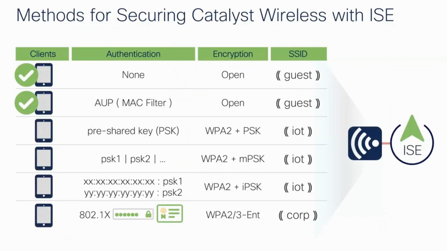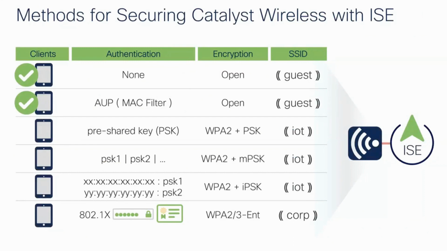So where we left off is we previously configured a guest SSID on our Catalyst wireless controller, and then we had it completely open, and then we also added an ICE guest portal with a very simple acceptable user policy to it.